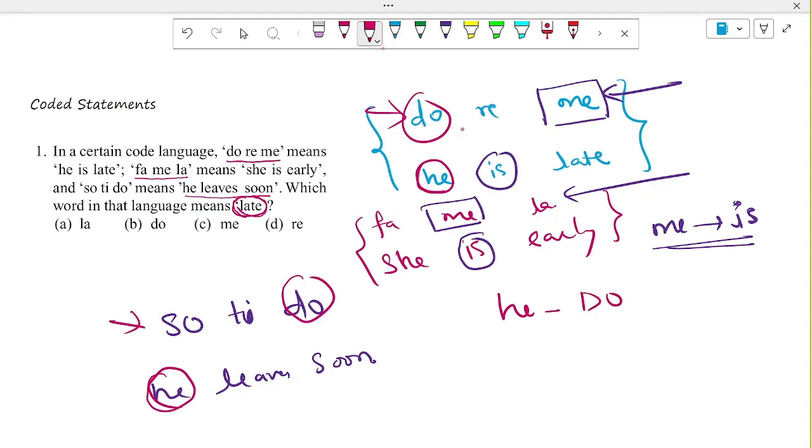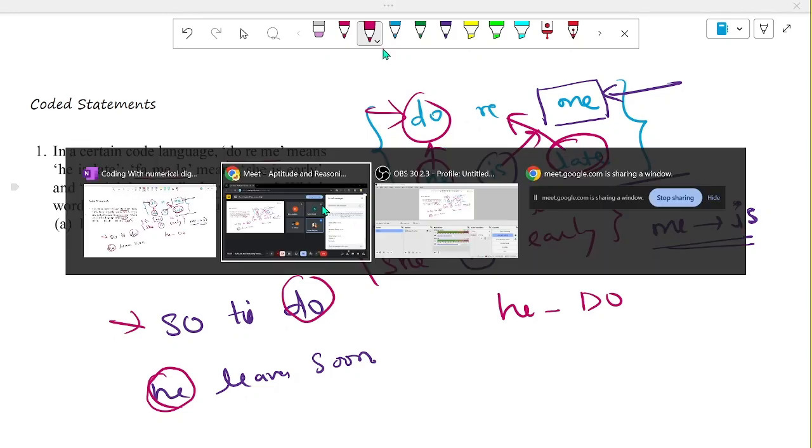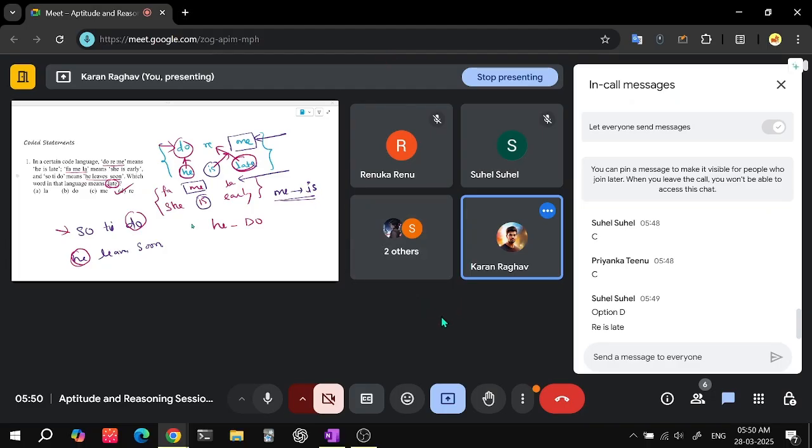Do. Since he is do, is is mi, late is what? Late is re. I hope you understood this question. These are a bit tricky, but they are simple. You need to analyze all the given statements and try to identify what the coded value is, right?